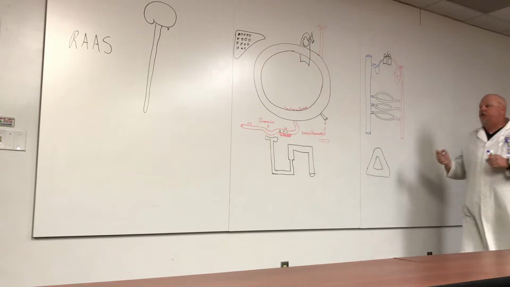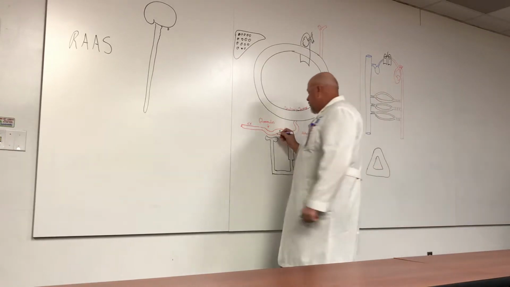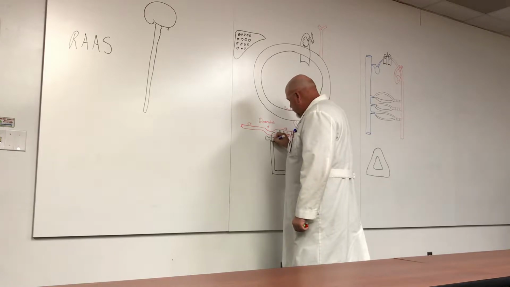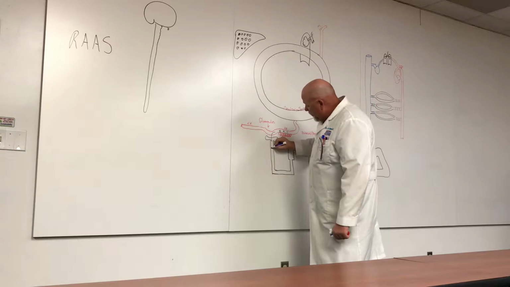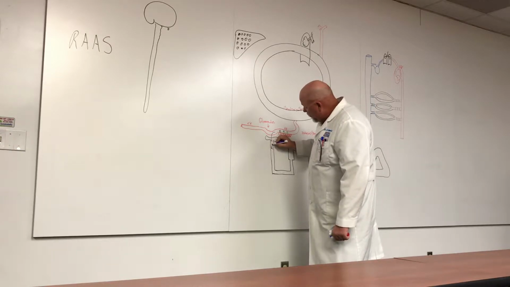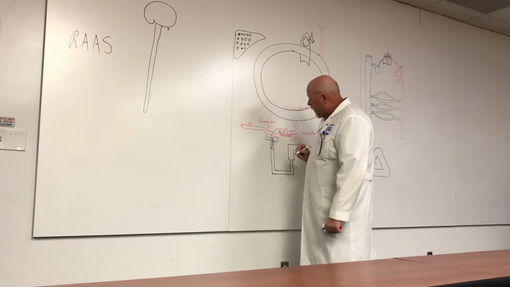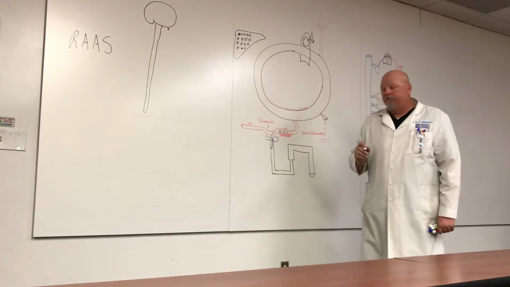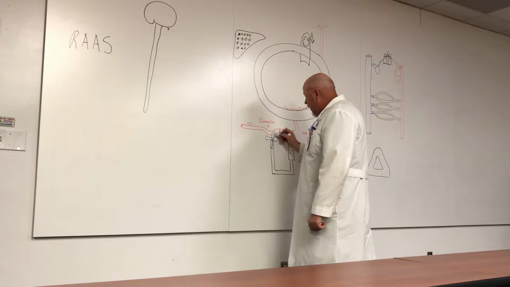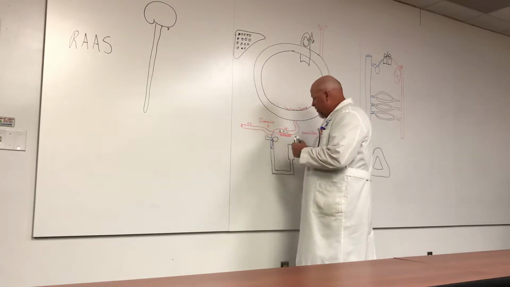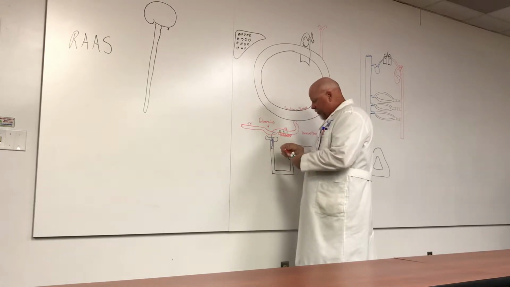All right, now, remember what we said, filtration always occurs under pressure. Something that is filtered is called what? Filtrate. All right, so that filtrate is reduced because the amount of pressure is reduced.